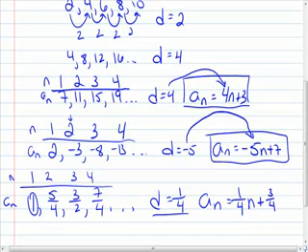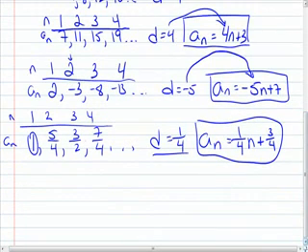It's got to work for not just one term, but all of them. 1/4 of 2 is a half, which is 2/4. And if we add 3/4 to 2/4, we get 5/4. 1/4 of 3 is 3/4. 3/4 and 3/4 is 6/4, or 3/2. So this does work.